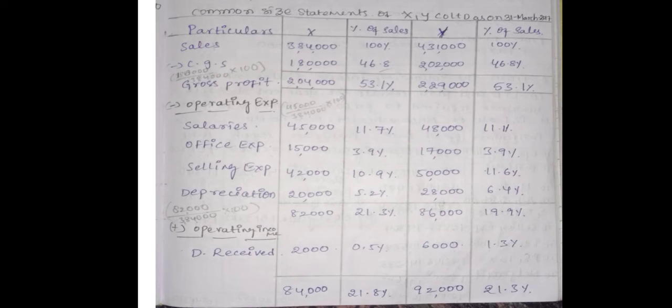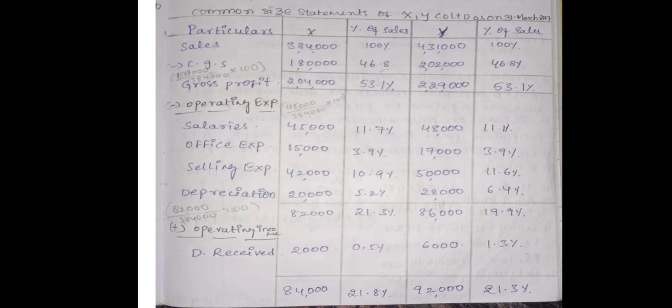So the pro forma for preparing the income statements: we have particulars, company name and percent of sales, company name, percent of sales. Like this we will calculate. We can take n number of companies, but here we have taken only two companies, that is X company and Y company.